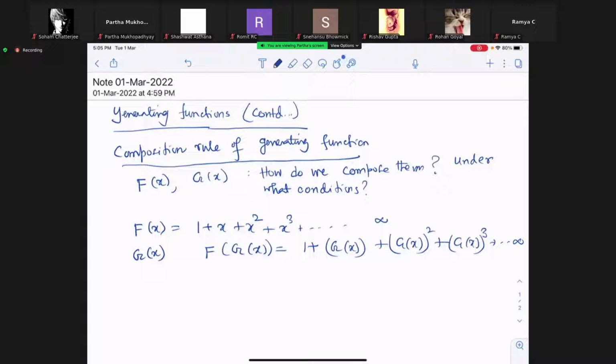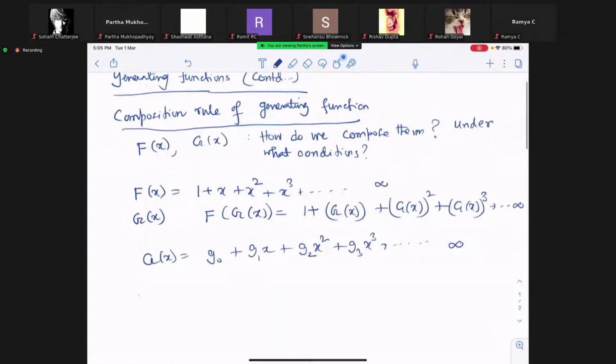For example, what is g(x)? g(x) will look like some z0 plus g1 x plus g2 x squared plus g3 x cubed, and so on. Now, if you just simply substitute it, suppose the term z0 is not zero, it's a non-zero term.